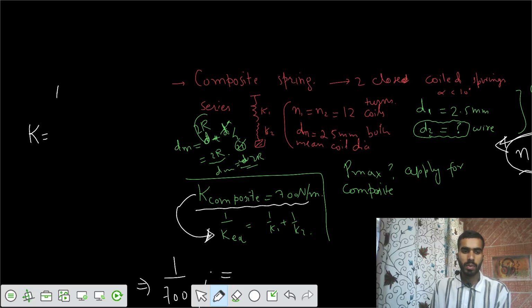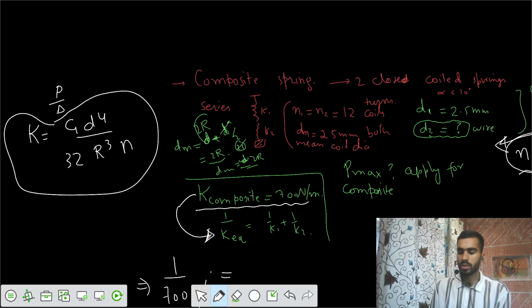That's P by delta, and delta is related to P R cube. Finally it becomes G d to the power 4 by 32 R cube n, and for the stiffness, K equals G d to the power 4 by 64 R cube n. 64 should be here. So this is our equation for K.